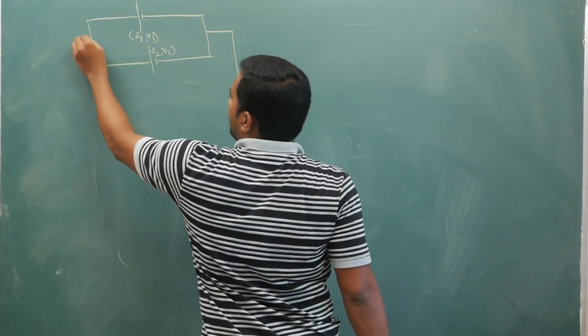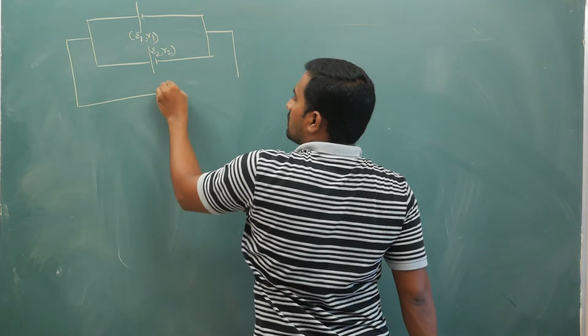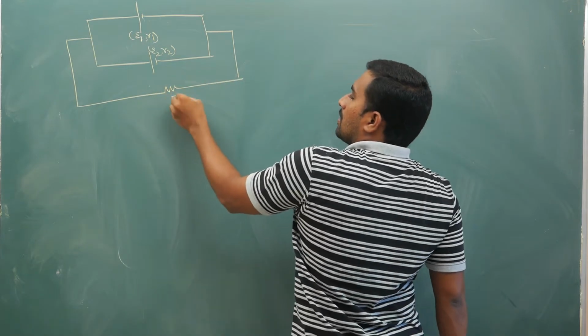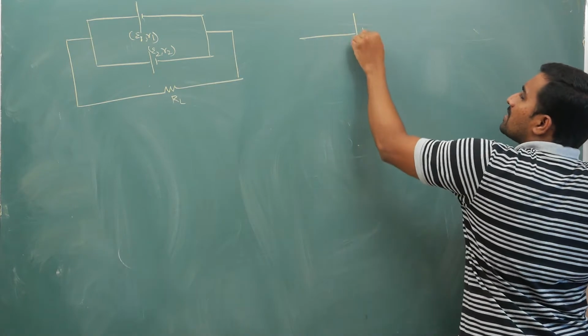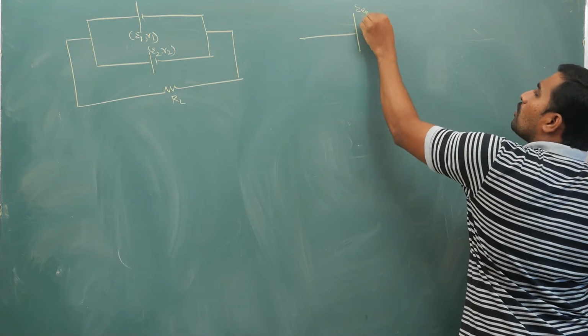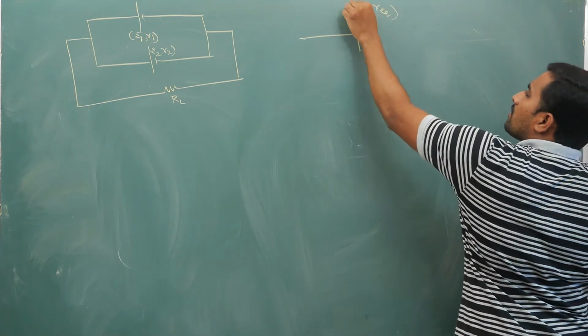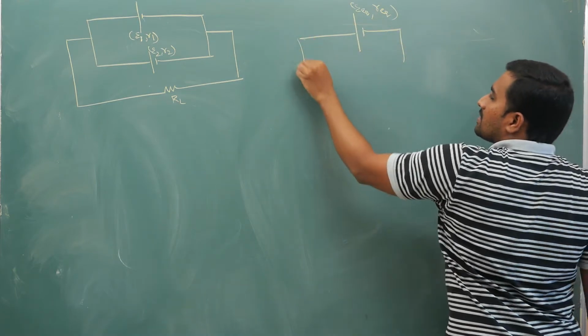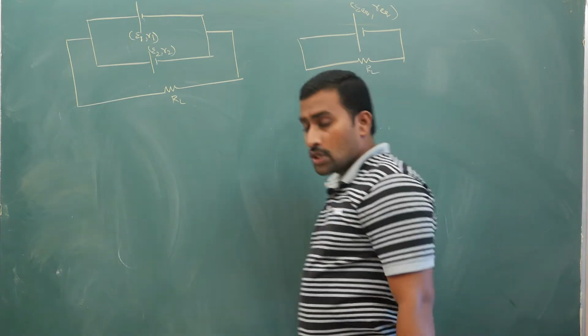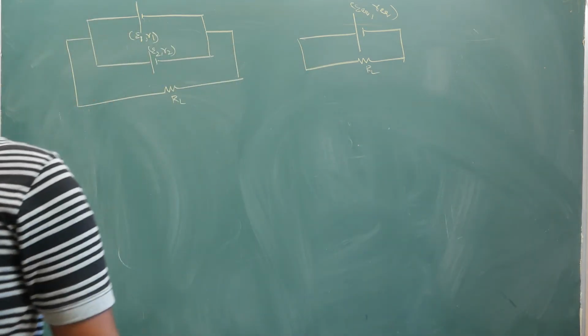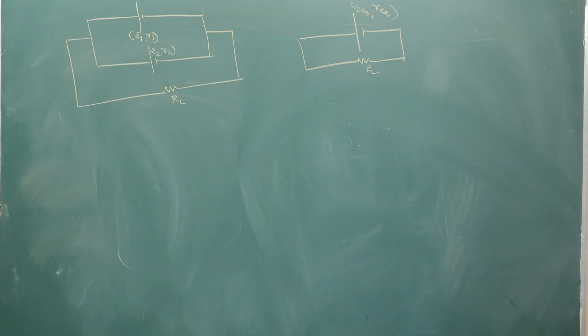Now I have connected them in parallel like this to some load resistance. My target is to replace these two with a single cell whose equivalent EMF is E equivalent and whose internal resistance is R equivalent. Obviously it should produce the same amount of current. So far in all the situations that I have explained, I have taken only identical cells.